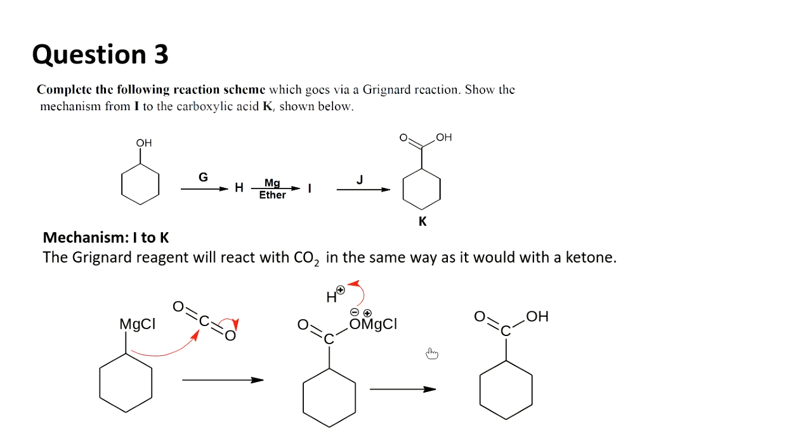So your product after the first step would have one carbonyl group remaining, and the other carbonyl group would have been opened to give your oxide. The second step is a protonation, and so we protonate the oxygen and we end up with a carboxylic acid. So the reaction between CO2 and a Grignard follows the same mechanism as if you were using a ketone.